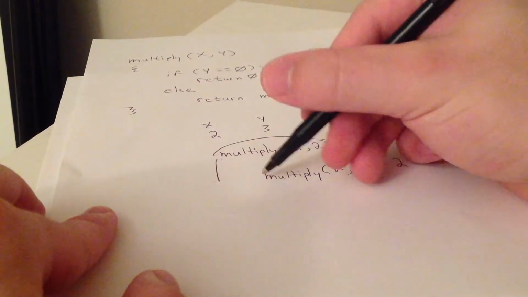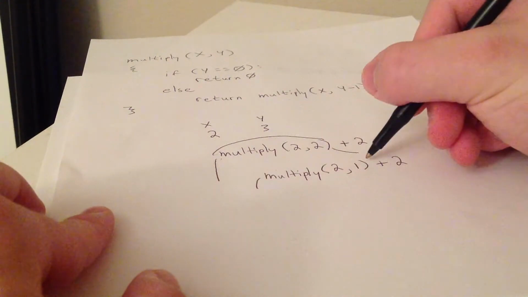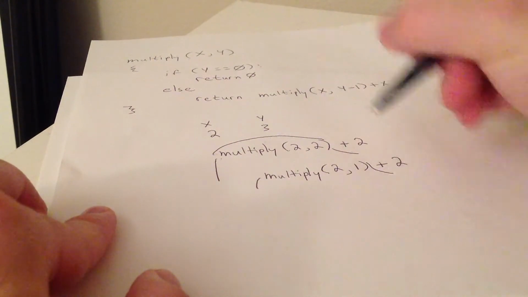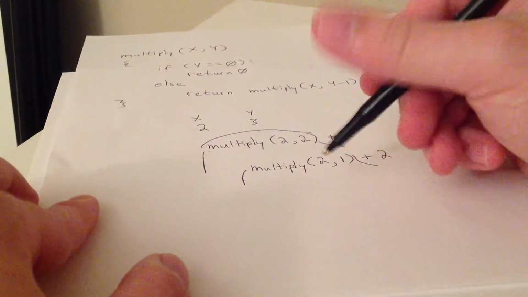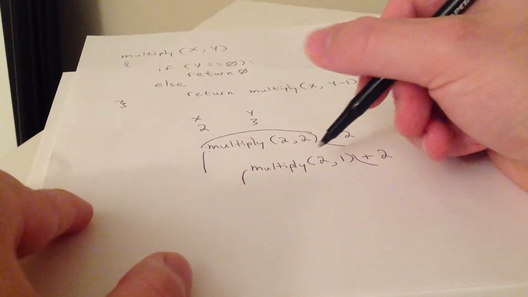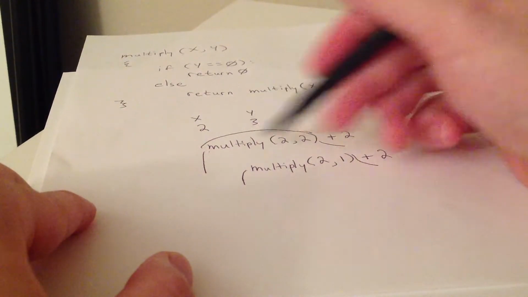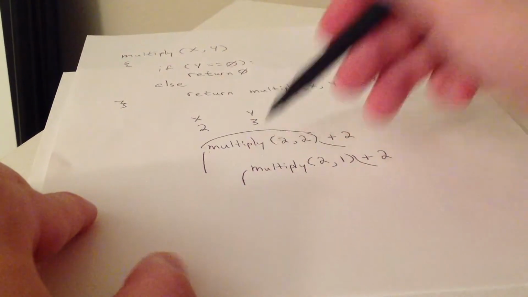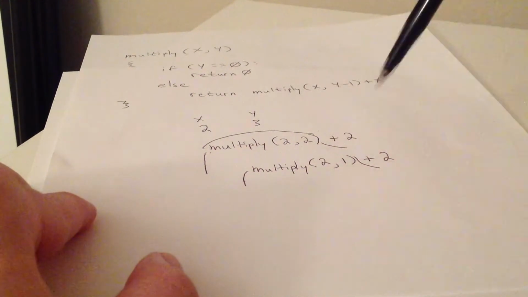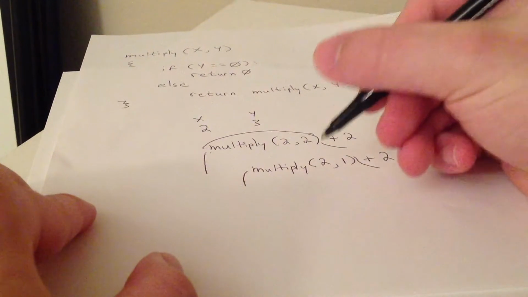Now, of course, we've got to evaluate this. So you see where our recursive is coming in, as we just continue to reiterate these same steps, but we're falling deeper and deeper into the function, as you can see. So each time we have one of these multiplies, what we really mean is the result of multiply those two numbers, which can then call more instances of the multiply function.